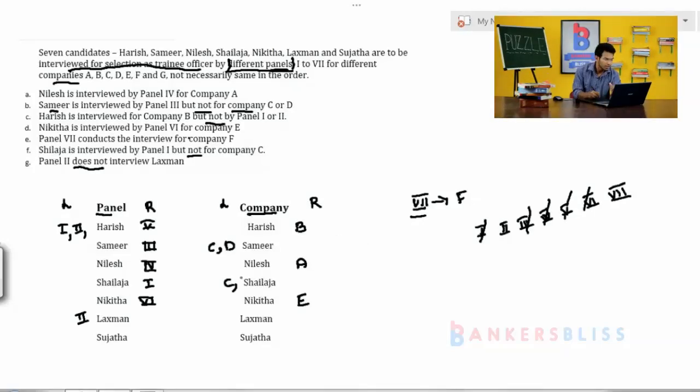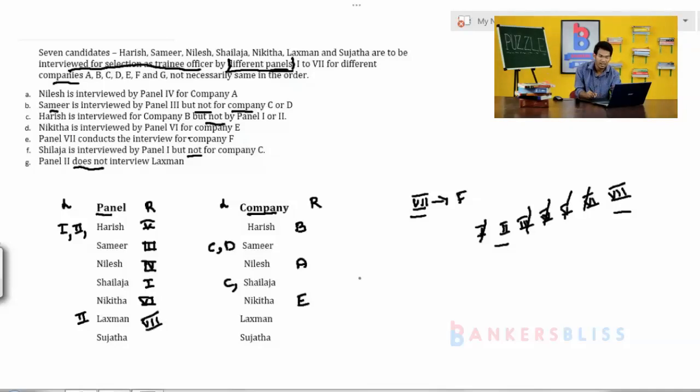Next one. Look here. We finished Harish and remaining are Lakshman and Sujata. What information do we have remaining? Second and seventh panel. Only the remaining panels, I am going to discuss second and seventh. But look here. Lakshman cannot be interviewed for second panel, means only one option, that is 7.